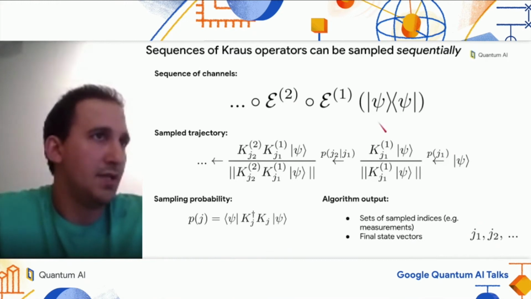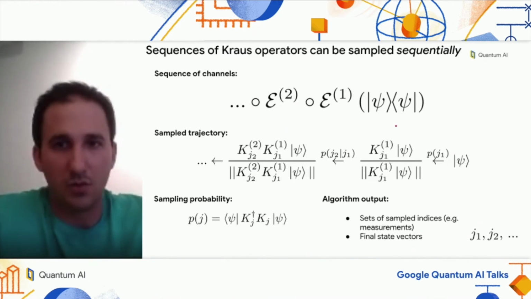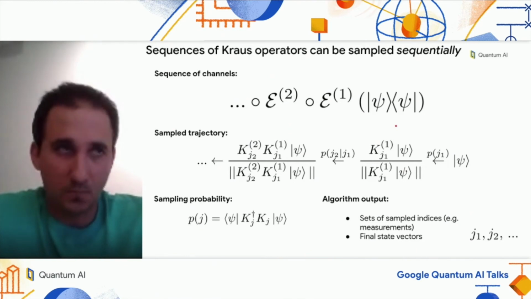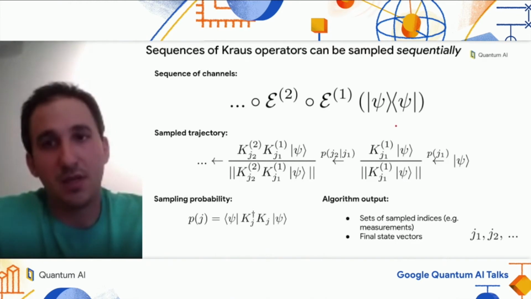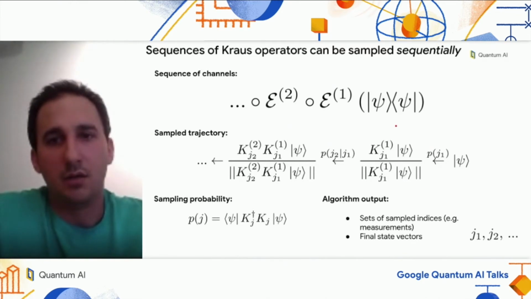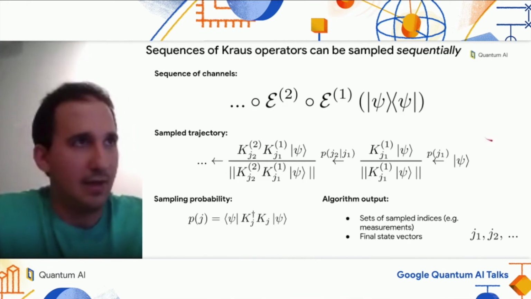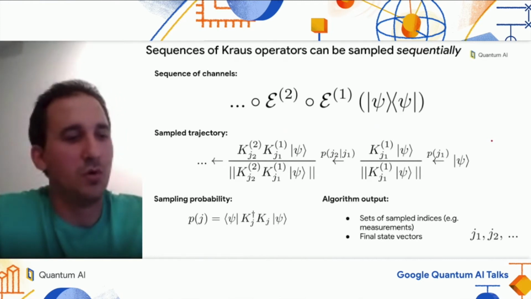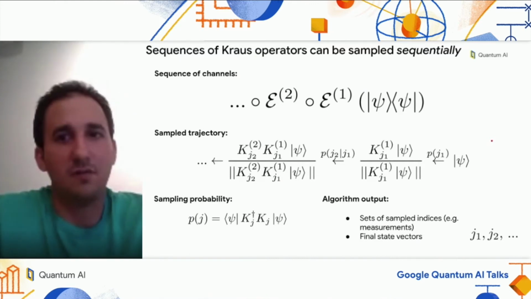So instead, we're going to use a different approach called Monte Carlo or quantum trajectories, which is based on only maintaining a copy of a single state vector instead of a density matrix. While this produces less information in a single shot than a density matrix simulation, it's much more efficient. It's quadratically more efficient, and it still faithfully samples from the statistics of the noisy circuit.